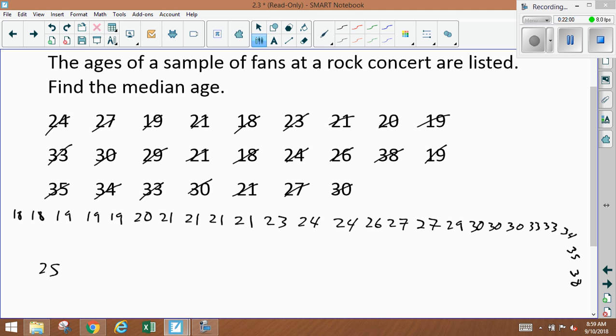So go down, 24 divided by 2 is 12, and it's the next one. So you go 1, 2, 3, 4, 5, 6, 7, 8, 9, 10, 11, 12, and then the next will be in the middle.